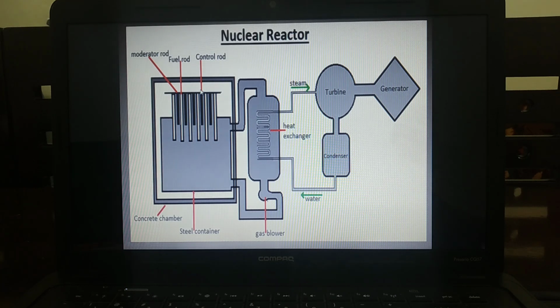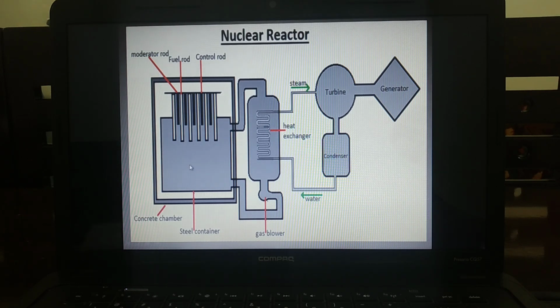The control rod is suspended between the fuel rods. Controlling the chain reaction is possible either by raising, withdrawing or inserting the control rod. Then the moderator reduces the kinetic energy of the fast fission neutrons to slow neutrons.